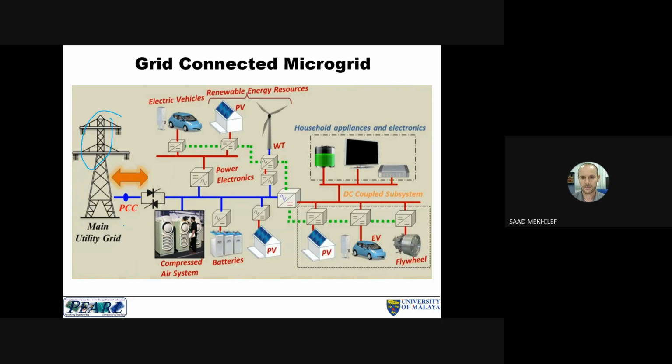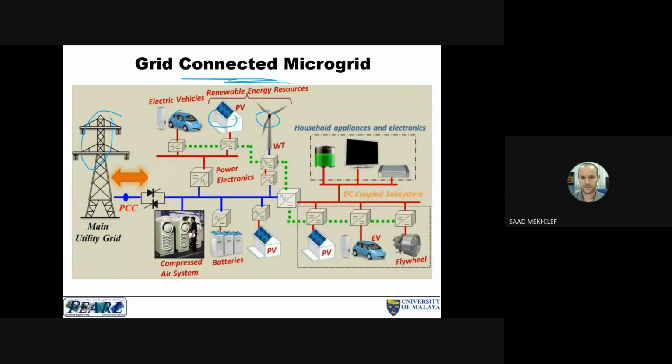Every system that is connected to the grid has this PCC. On the other hand, you can have a variety of distributed renewable energy sources. For example, here in the renewables we have PV, we have wind as a source, and then we have the electric vehicles.